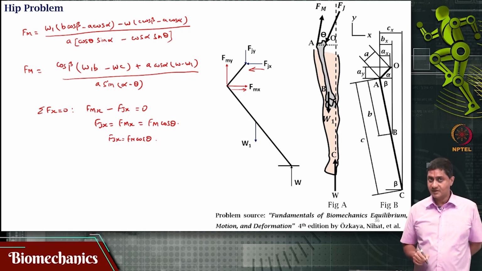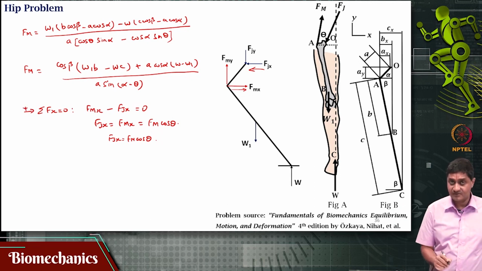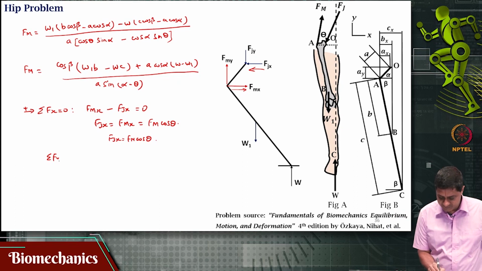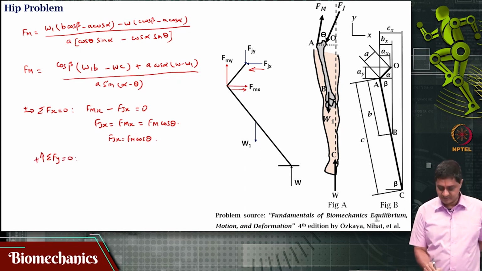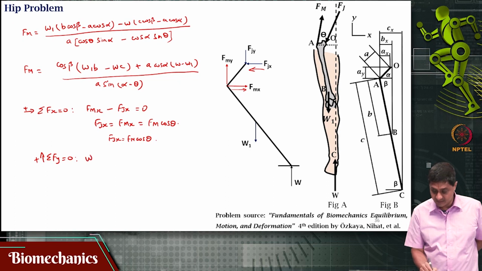We are not done yet, we have to find Fjy. For sigma Fx equal to 0, right side going is considered positive. Sigma Fy, upward force is considered positive. Sigma Fy equal to 0. What are all the various forces? W is the ground reaction force that is acting in positive y direction. W1 is the weight of the leg that is acting downward.